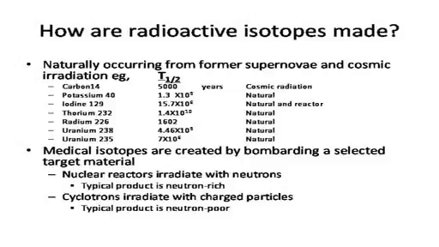So if we want to make technetium, or iodine, or yttrium, or lutetium, we would irradiate a target with neutrons. If we want to make fluorine for a PET scan, and fluorine is a neutron-poor agent, we would irradiate a target with charged particles from a cyclotron to make a neutron-poor product. So we have this range of products that we can make.